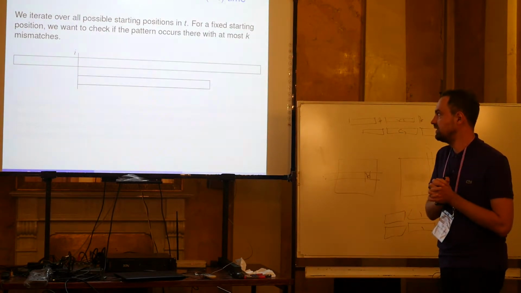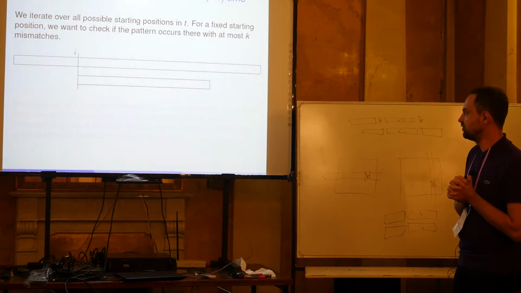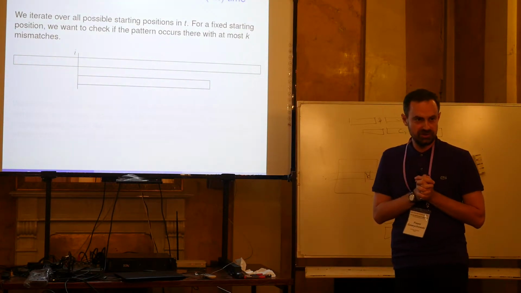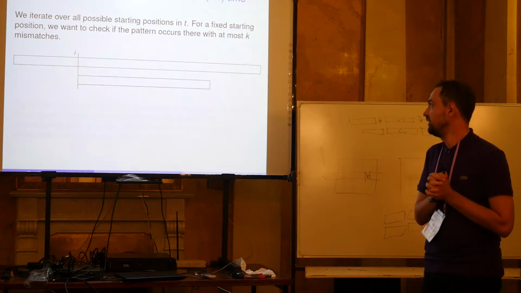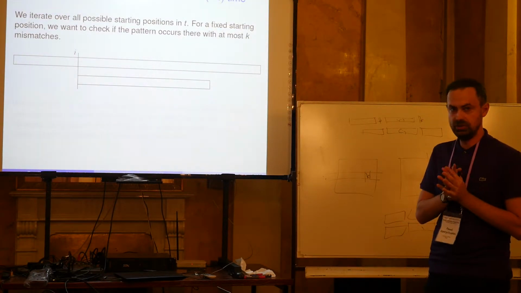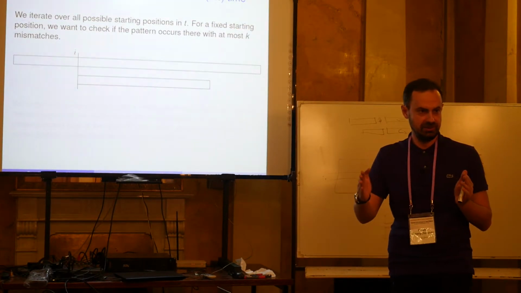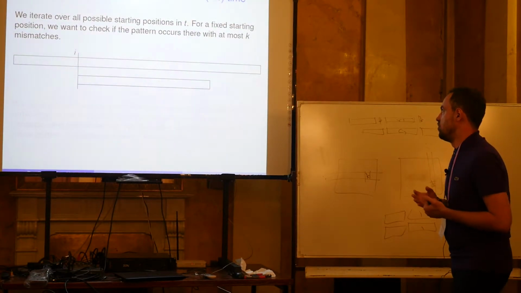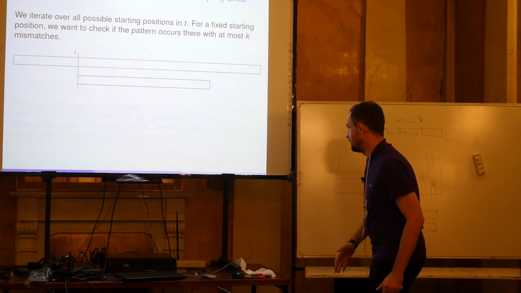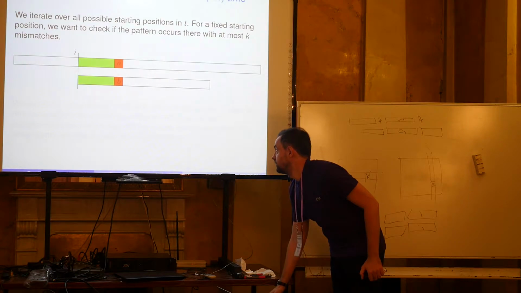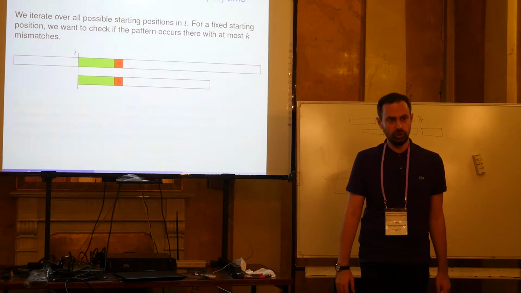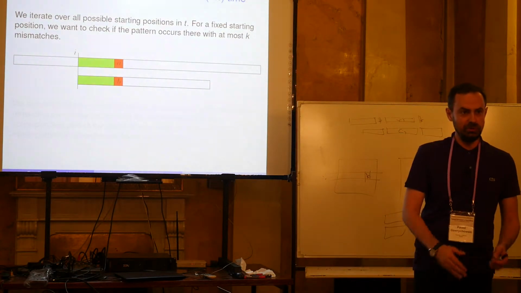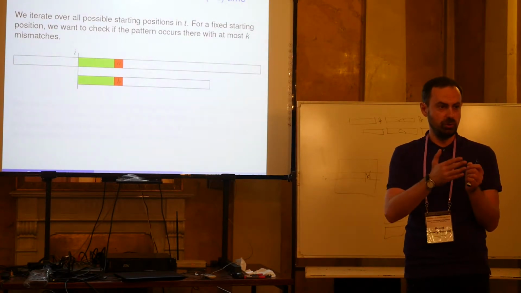With those LCA queries, you iterate over all possible starting positions in your text. So i is a starting position, and you start to compare one by one. So you just start comparing characters. But that's quite slow because the pattern is of length m. So what you can do is start at position i in the text and at position 1 in the pattern, and you compute the longest common prefix of those two words.